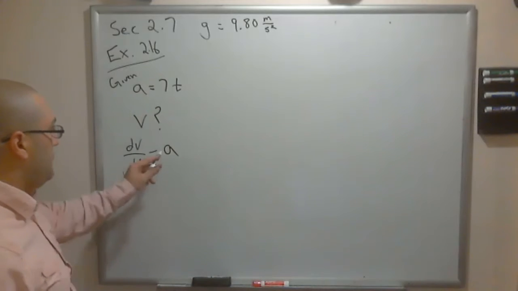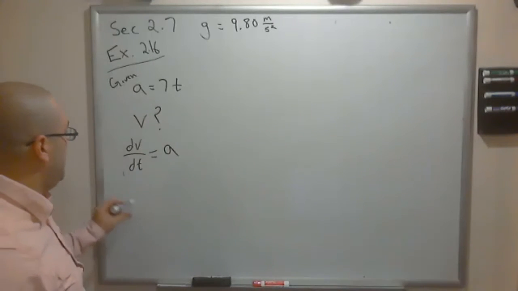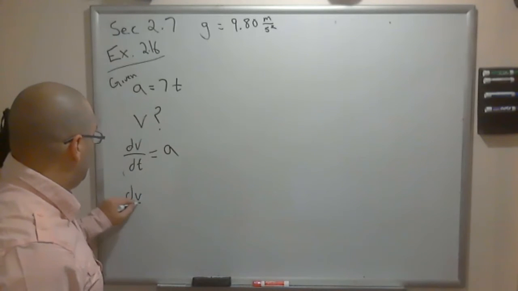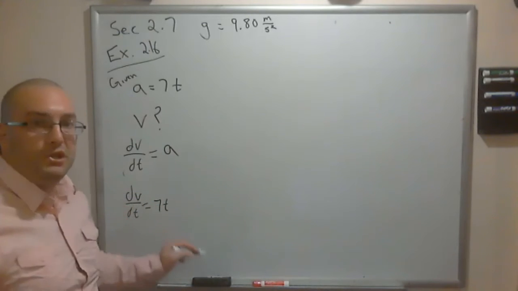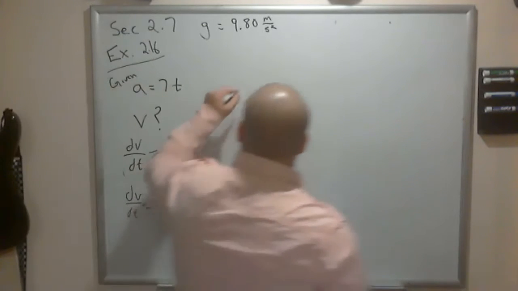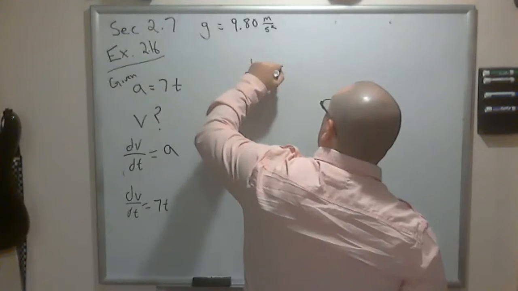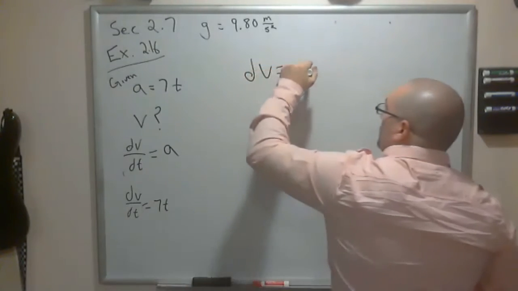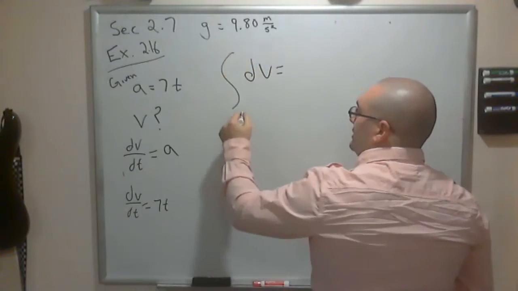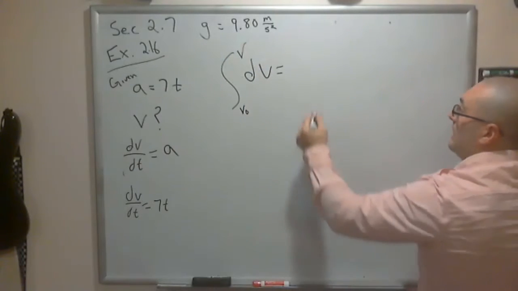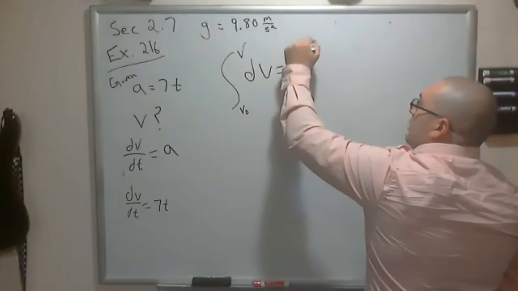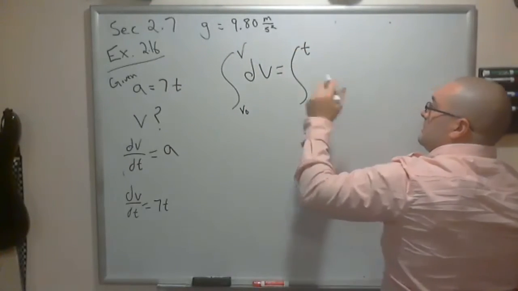Now we can replace a with 7t. And then we just do the same procedure as before. We'll set up the integral from v naught to v, and then here from 0 to t.